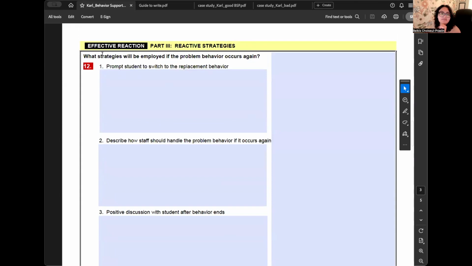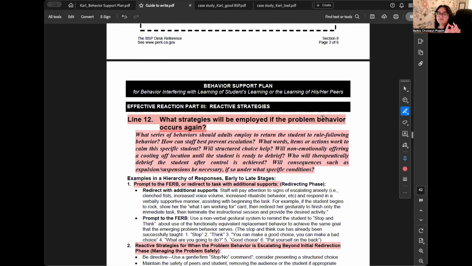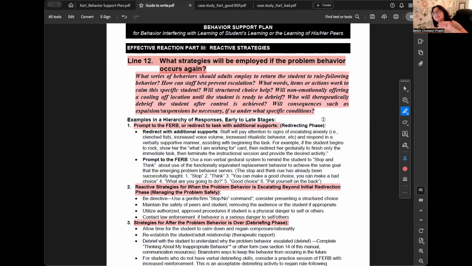Reactive strategies: what strategies are going to be employed if the behavior happens again? Reactive strategies actually refers more to you and the rest of that team. How are you all going to react when or if that behavior keeps coming up? Despite your plan, despite everything you've already worked on and maybe have already tried putting into place, what do you do?